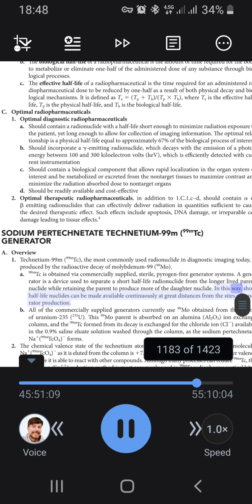In this way, short half-life nuclides can be made available continuously at great distances from the sites of generator production.